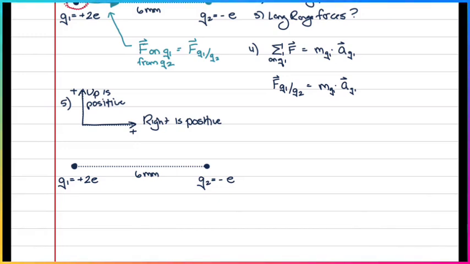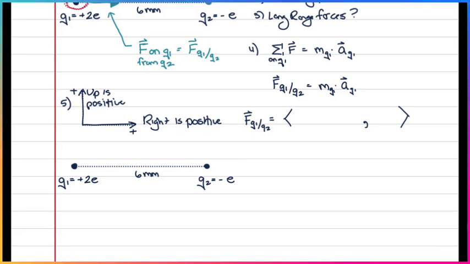So at this point, I can ask myself, what does F on Q1 from Q2 look like? Well, it's a vector, and I like to use brackets for vectors. I know some people like columns to do it. I kind of like brackets.